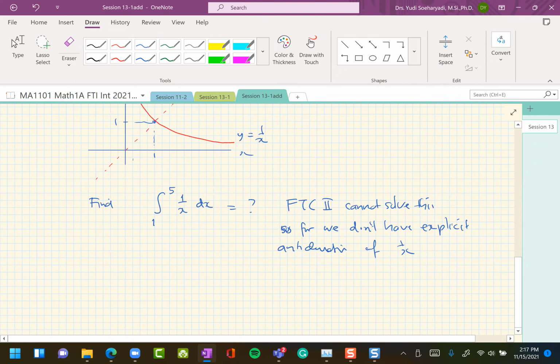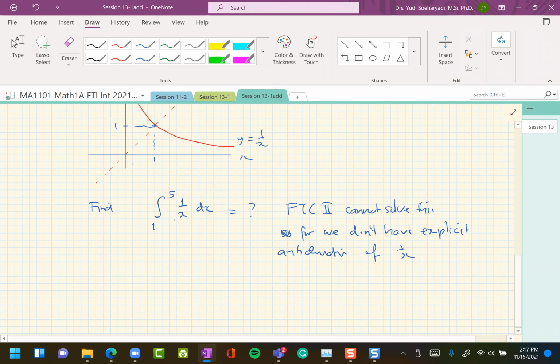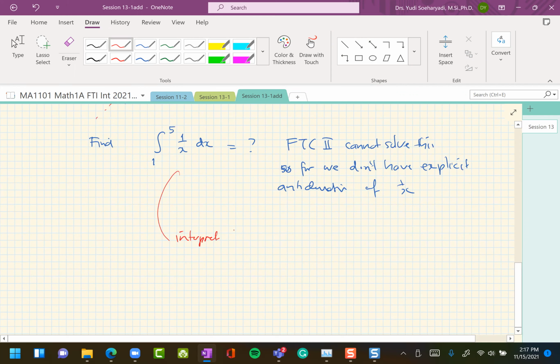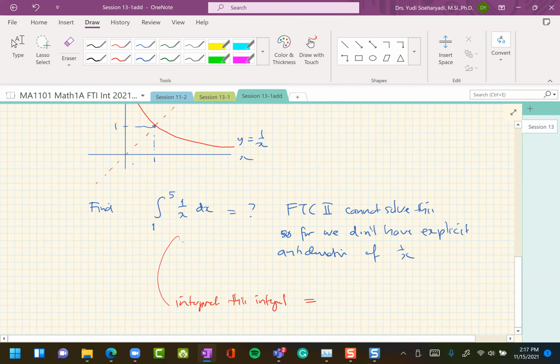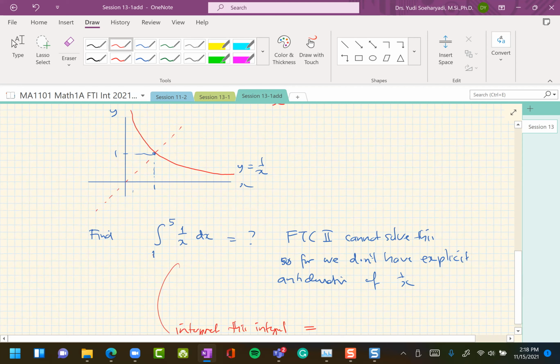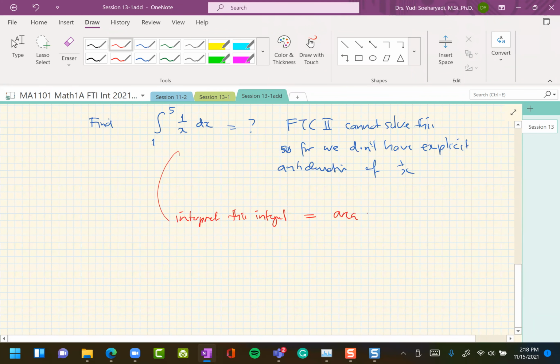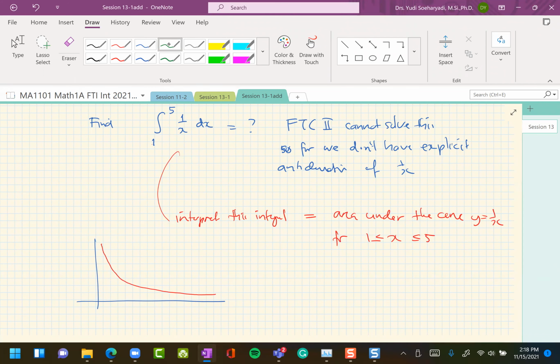But let's interpret this integral. This is the area under the curve 1 over x between x equals 1 and 5. Let's take 1, 2, 3, 4, 5.